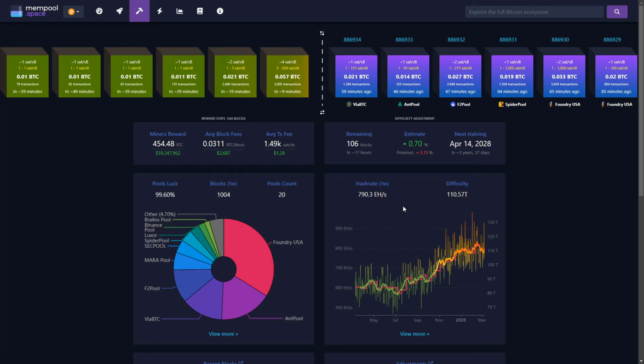And that's what determines if a miner gets all of the money in this next block. If they are the ones to correctly guess the hash for this block, they are rewarded with $300,000 worth of Bitcoin, which is quite a lot.